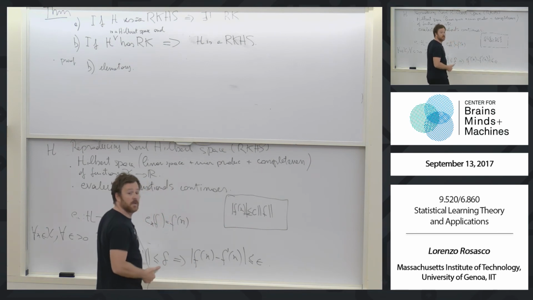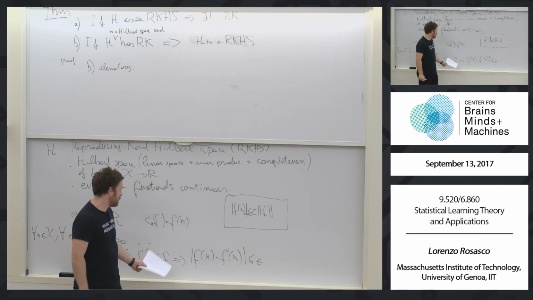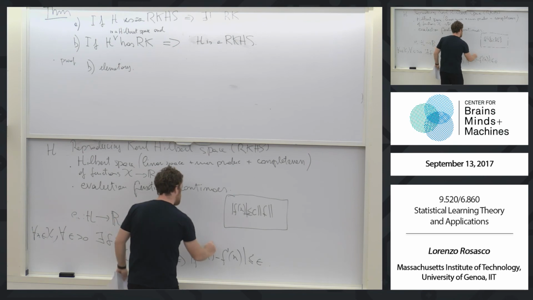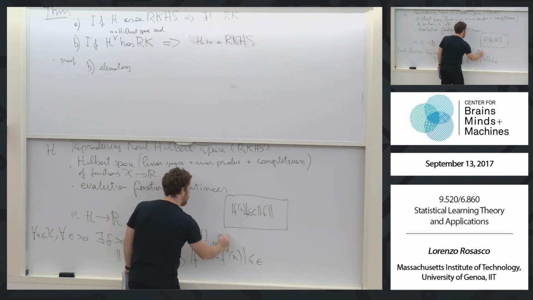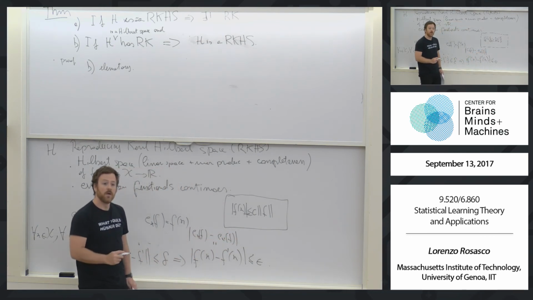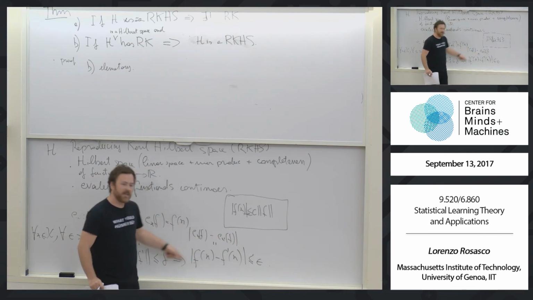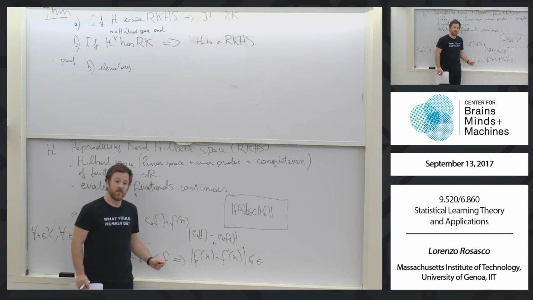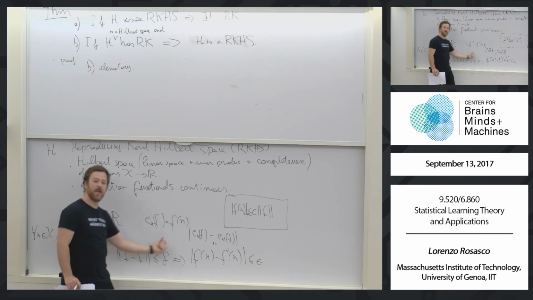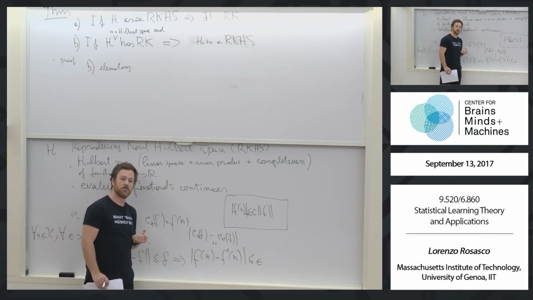Of this line? The continuity. This is equal to E_x f, E_x' f, you agree? So this line is just the continuity of this functional. It says that this functional is continuous. If you give me close inputs, the outputs of this function are close.